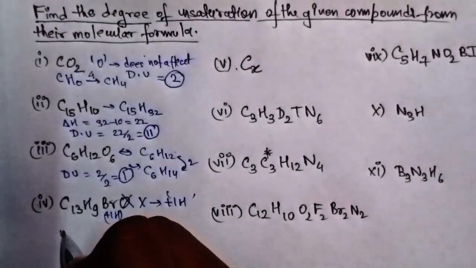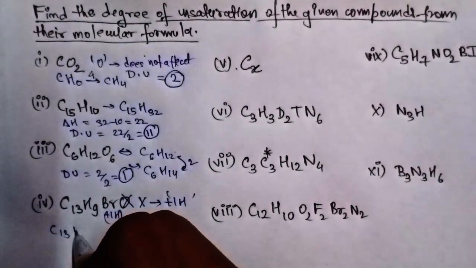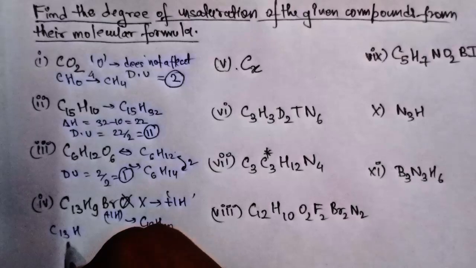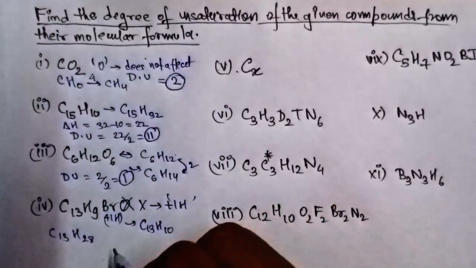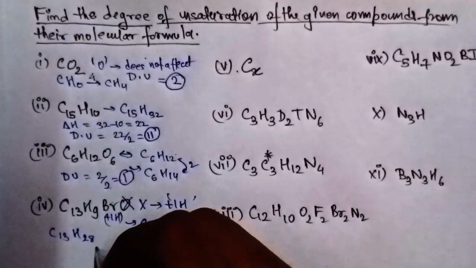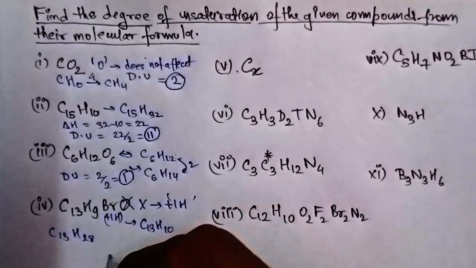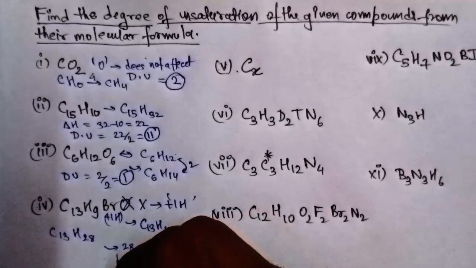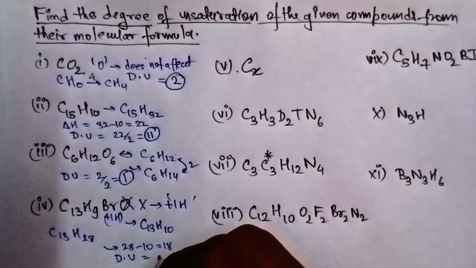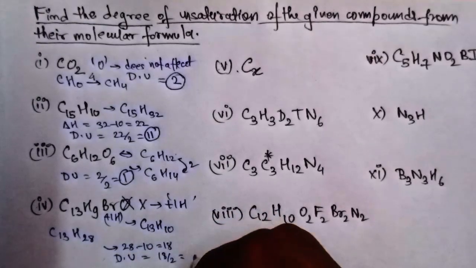Now, for 13 carbons, we require 2n, means 26 plus 2, 28 hydrogens, making the degree of unsaturation equal to the difference, that is 28 minus 10, that's 18, making the degree of unsaturation equal to 18 upon 2, that's 9.